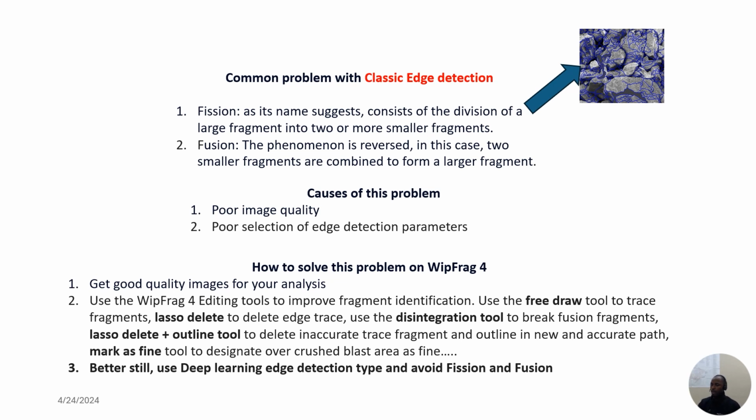Then you have the lasso delete, the disintegration tool, then the lasso delete plus outline tools, and many more. To avoid all this editing and long analysis time, you had better use the deep learning edge detection type and avoid fusion and fission.